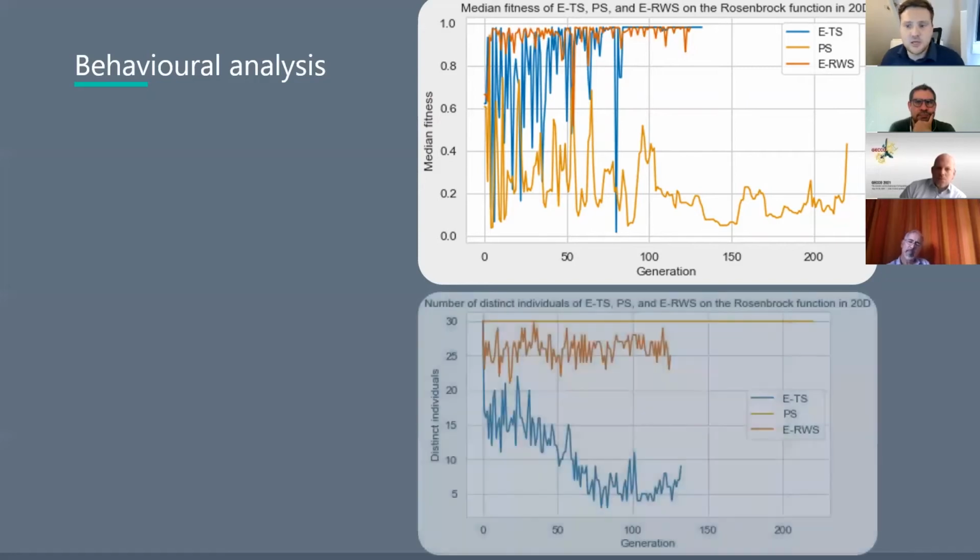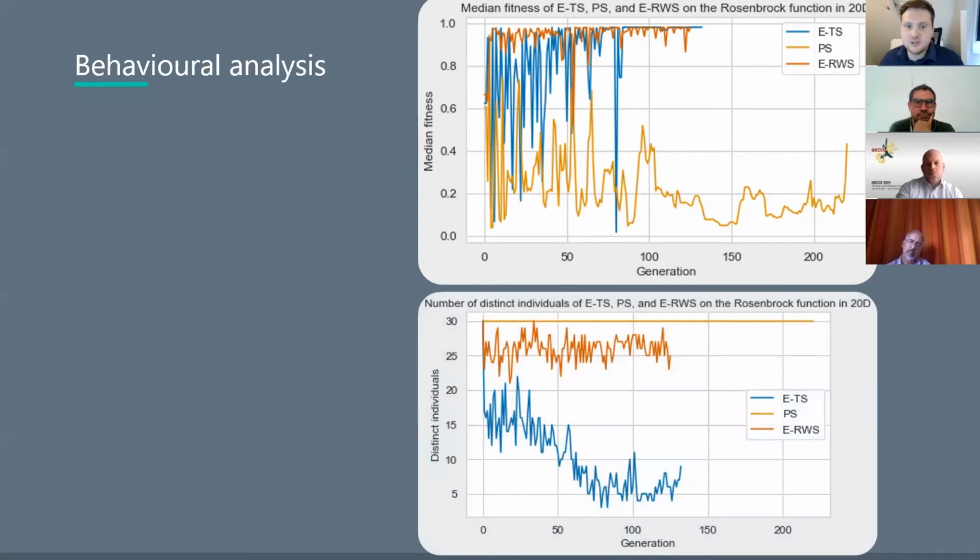That's one. The second one I would like to show you is the number of distinct individuals for the elitist tournament selection, plus selection, and elitist roulette wheel selection, again on the Rosenbrock function in 20 dimensions. What we find here is the number of distinct individuals, which are related to the number of duplicates, which cannot happen for the plus selection because it always selects the best. There are no duplicates included, so therefore it has a constant number of distinct individuals.